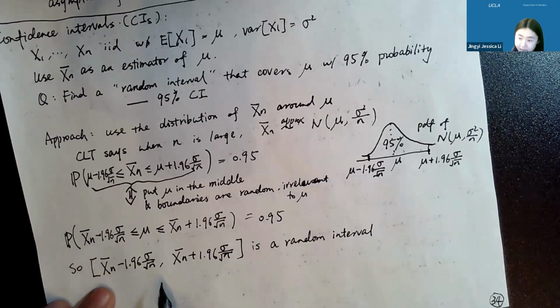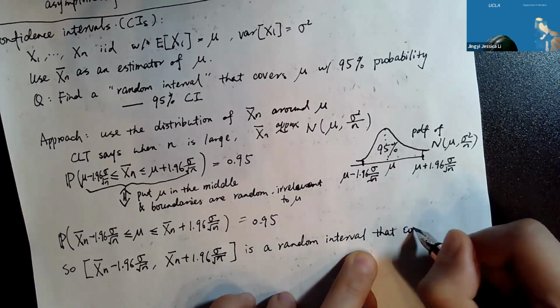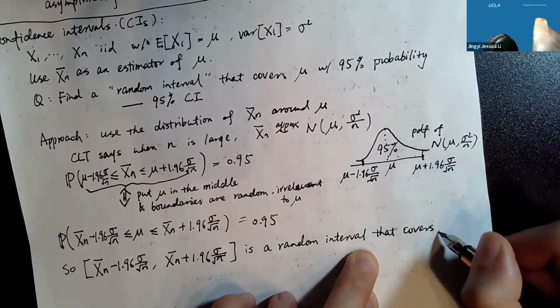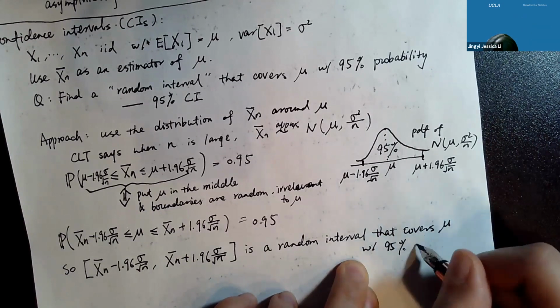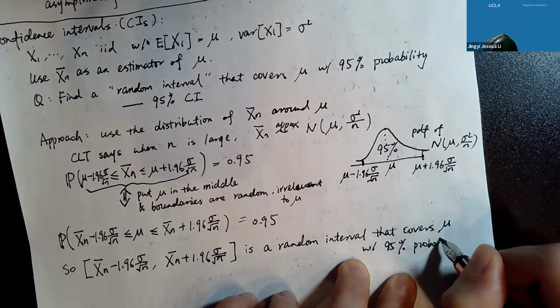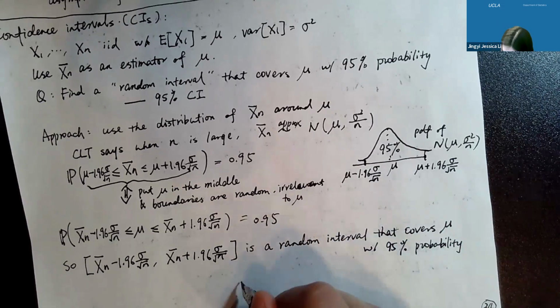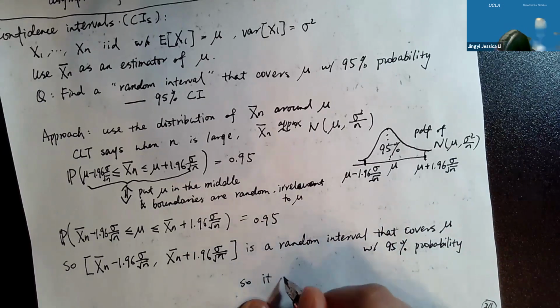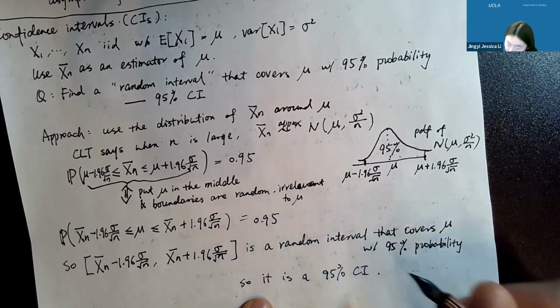Random because x n bar is random. That covers mu with 95% probability. So it is a 95% CI, confidence interval.